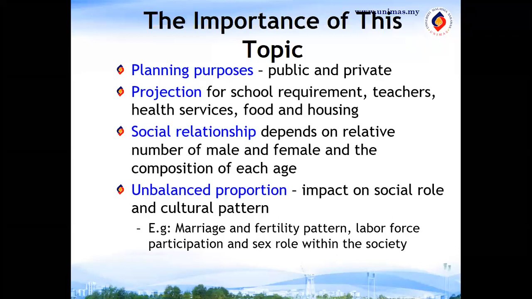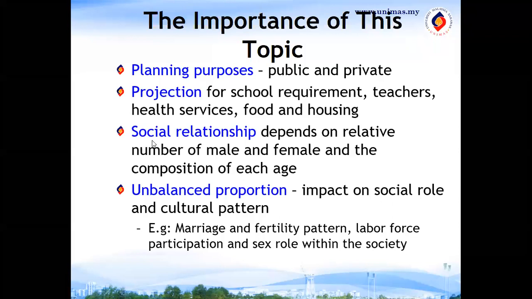So we may have too many of a certain age group, for example too many older, retired people, and then you may have a problem with the labor force, or too many younger people but very few of working age, as well as sex roles within the society.